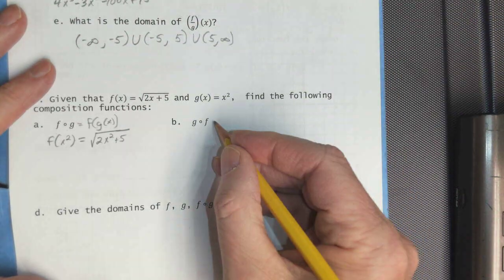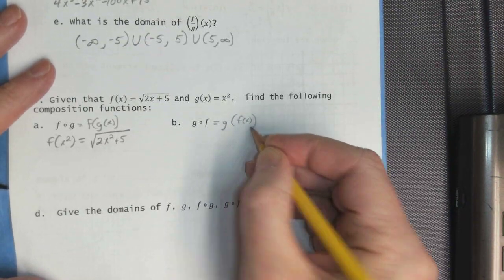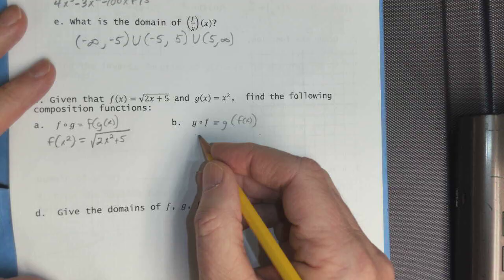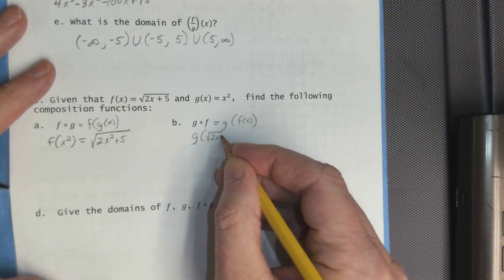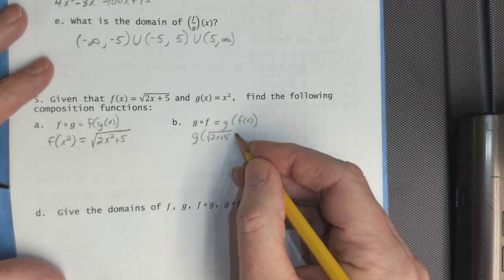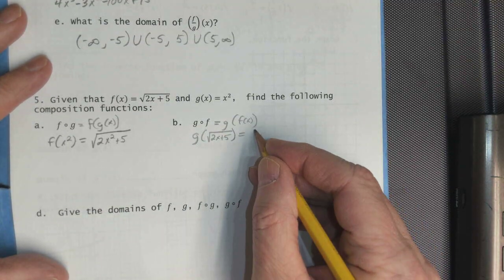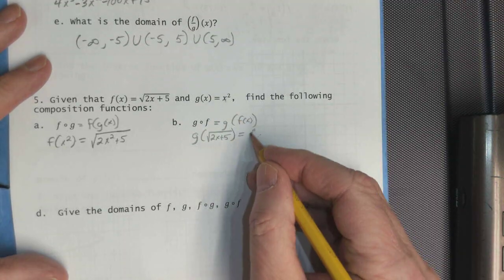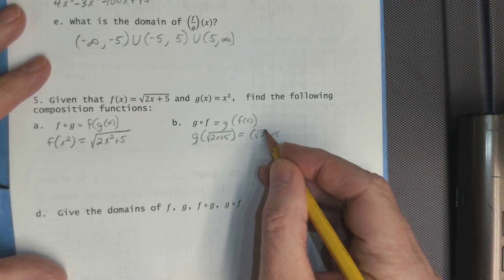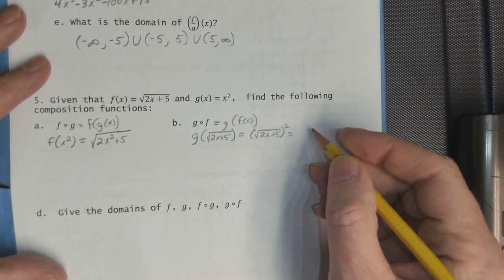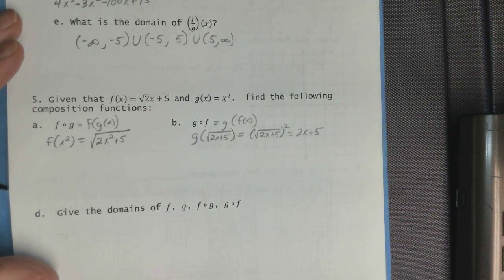G of f of x is g of the square root of 2x plus 5. So we take the input and we square it. We take the square root of 2x plus 5, we square that, and we get 2x plus 5.